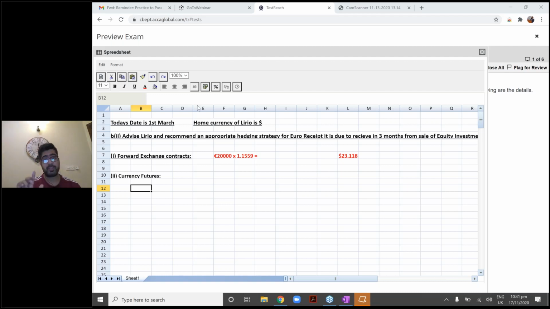Now you need to study futures through my technique to make life easy for you. Remember, currency futures has 3 steps.